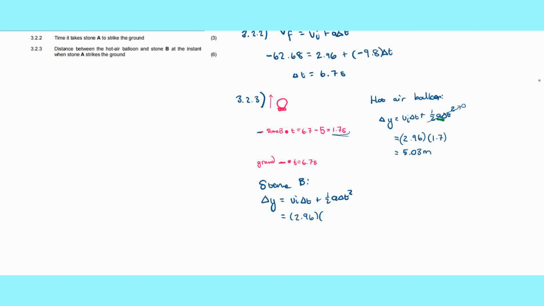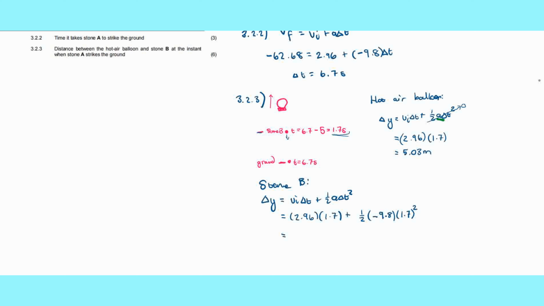Our change in time is the 1.7 seconds, which we've calculated, plus a half. Well, now stone B is traveling downwards, so its acceleration due to gravity will be negative because right at the beginning we chose up to be positive. So this is going to be negative 9.8 meters per second squared, and our change in time, which is 1.7 seconds squared.